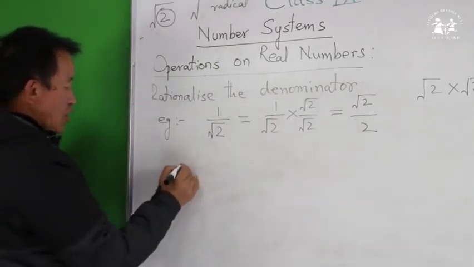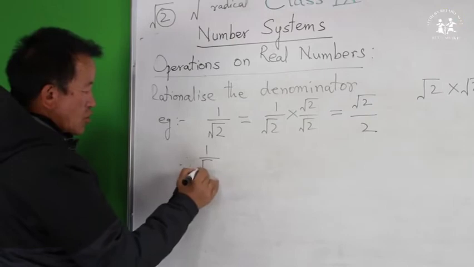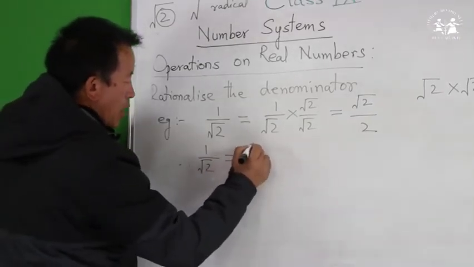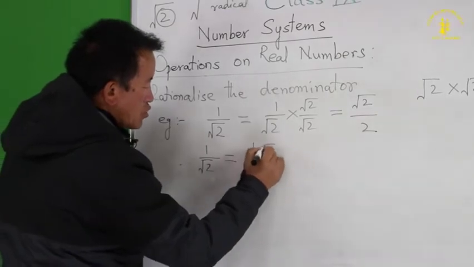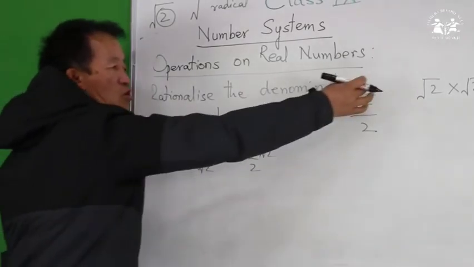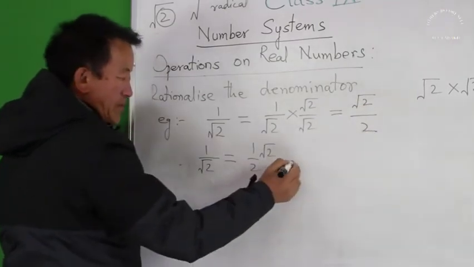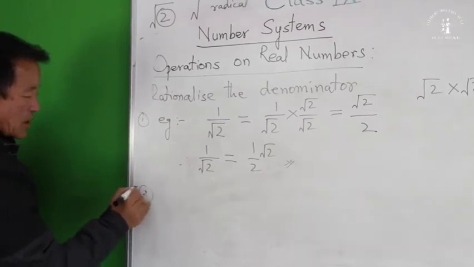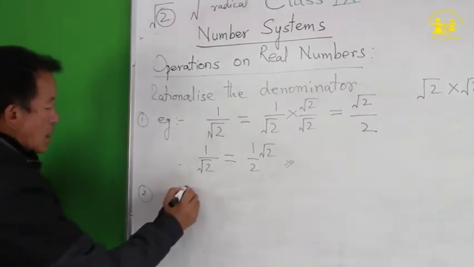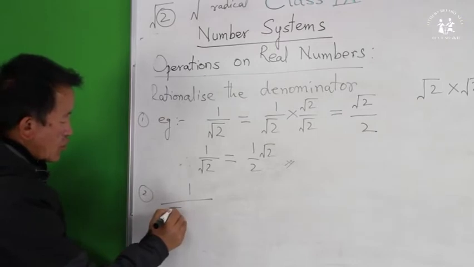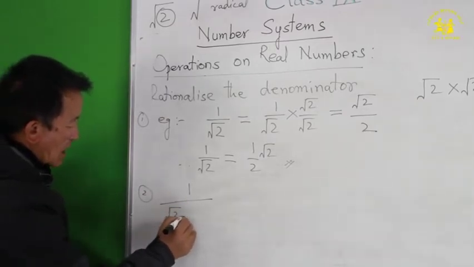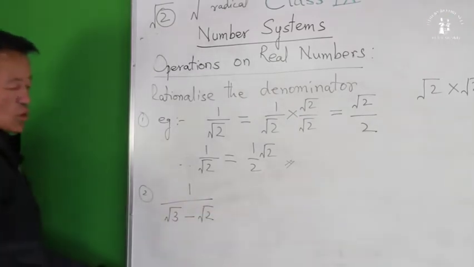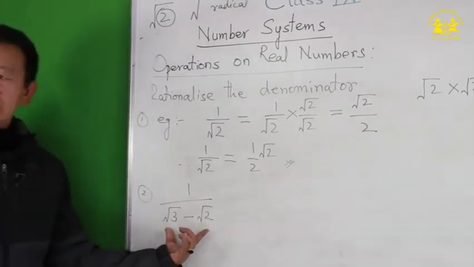So therefore 1 upon square root of 2 is equal to 1 upon 2 into square root of 2, or square root of 2 upon 2. One example. Now next example. 1 upon square root of 3 minus square root of 2. Now rationalize this.